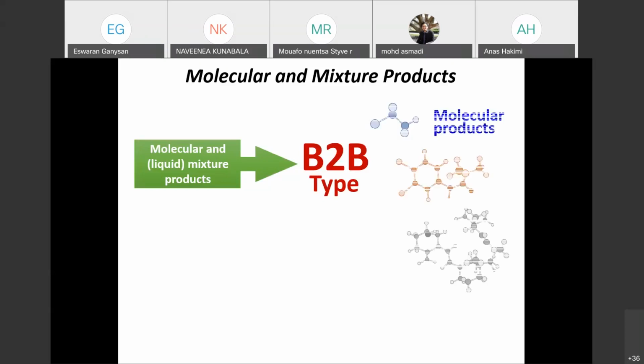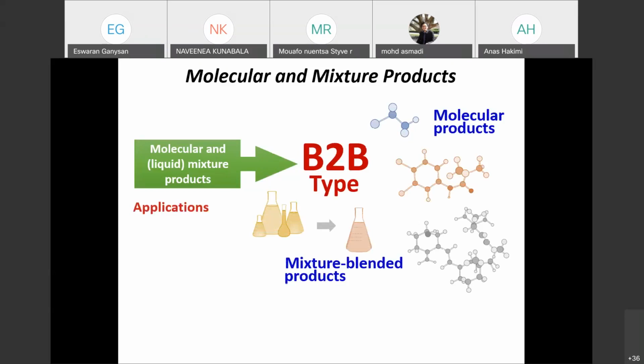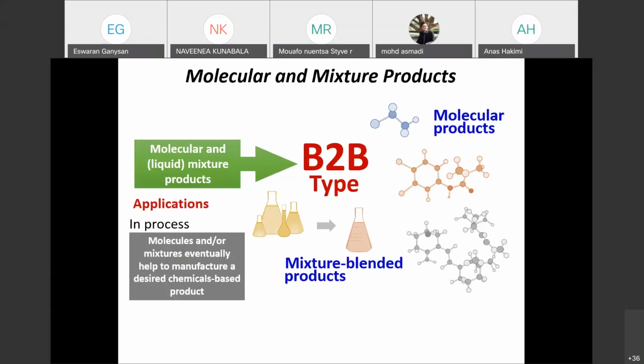Typically molecular products, if you look at here, the molecule or molecule product eventually helps to manufacture the desired chemical based product. This is the molecule, the molecular products.